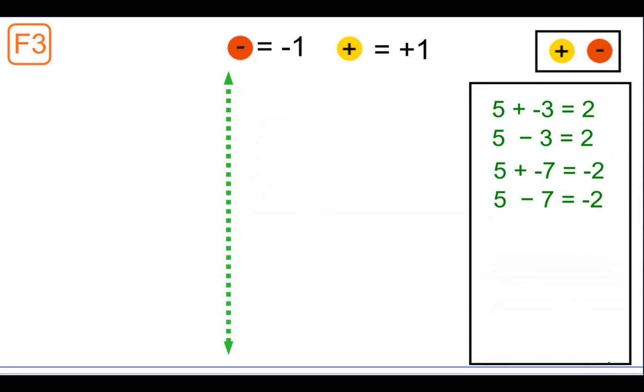Here's another pair of side-by-side examples. Negative 4 take away negative 3 and negative 4 plus 3. Now taking away negative 3 means taking away 3 red counters, which leaves one red counter which is negative 1.